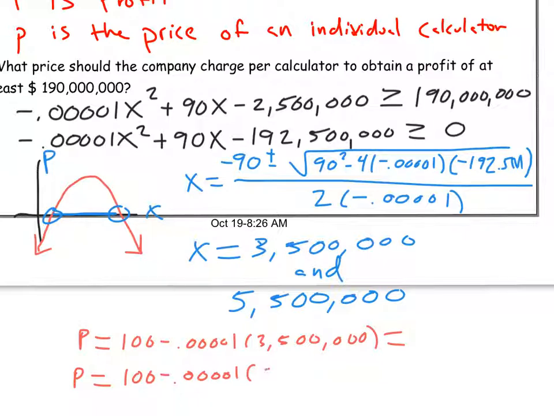And then I will look at 5,500,000. Okay, a little bit of number crunching here to get these prices. These expressions could be thrown into your calculator all at once, though.